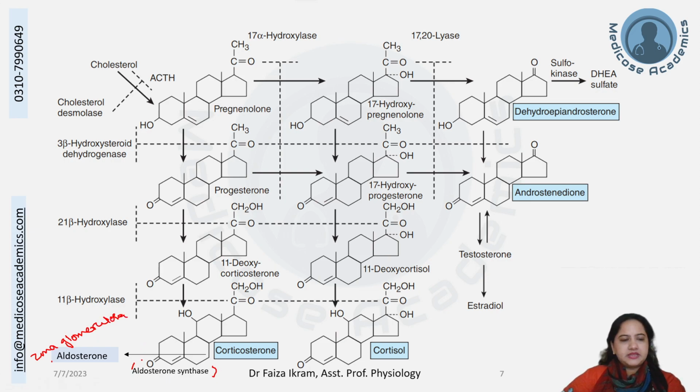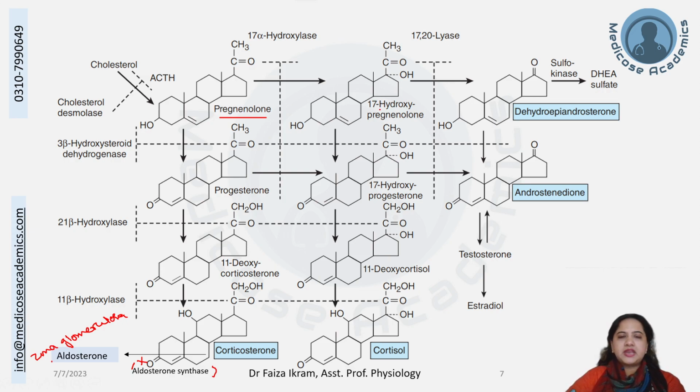This enzyme is not present in the other layers, so this step cannot be completed in other layers of the adrenal cortex, whereas the rest of all the reactions can happen in any adrenal cortical layer. So cholesterol, pregnenolone, and by going through various intermediary substances, it is converted into corticosterone, which can be converted into aldosterone.